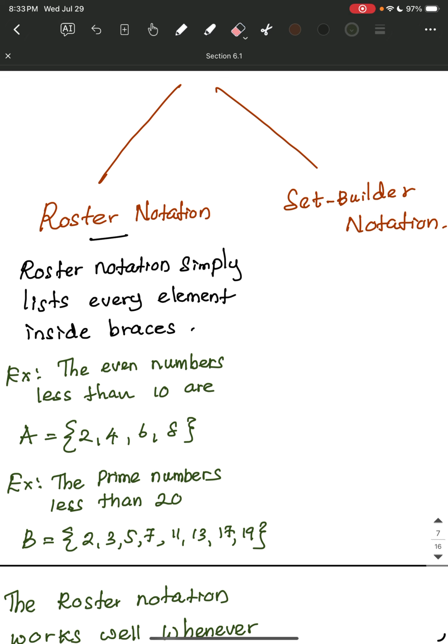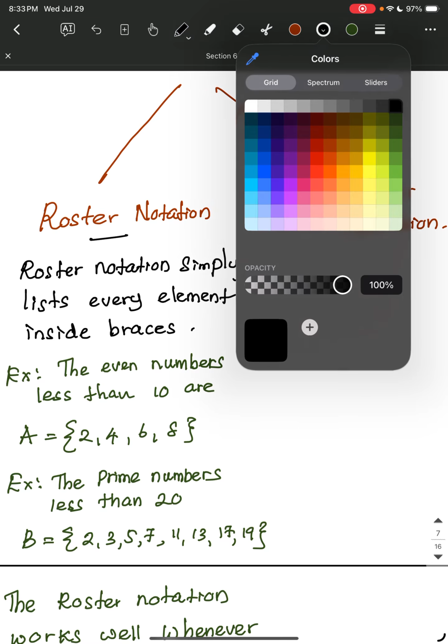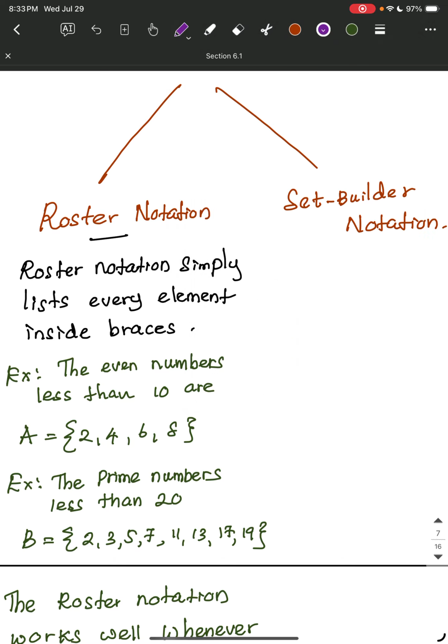What does it mean? Let's use the example. The set of all x such that x is an even integer between 0 and 10.